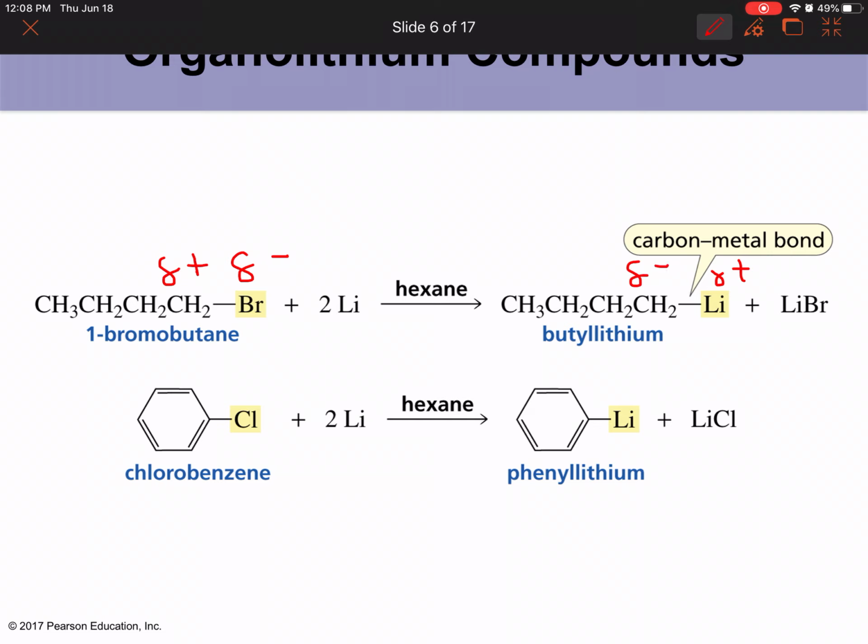You see, by changing the atom attached to the carbon, you can change the electron density on the carbon, making it a nucleophile from an electrophile. Another one: we have chlorobenzene, and in the presence of two lithium and hexane, you can form phenyllithium. Lithium is electropositive, and now this carbon here is electronegative, so it can act as a nucleophile.